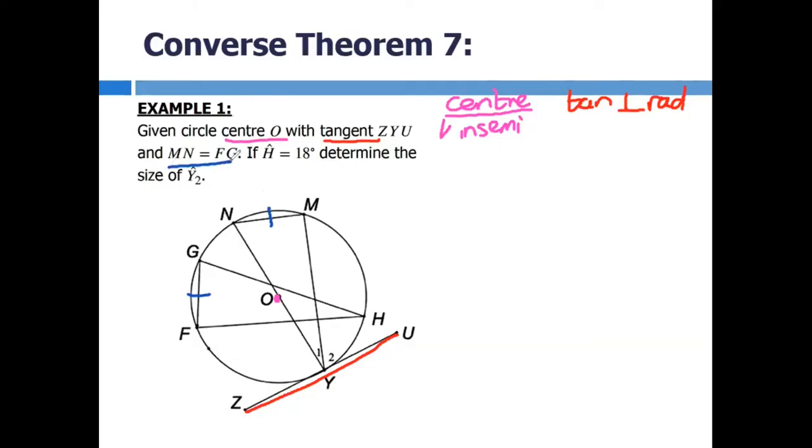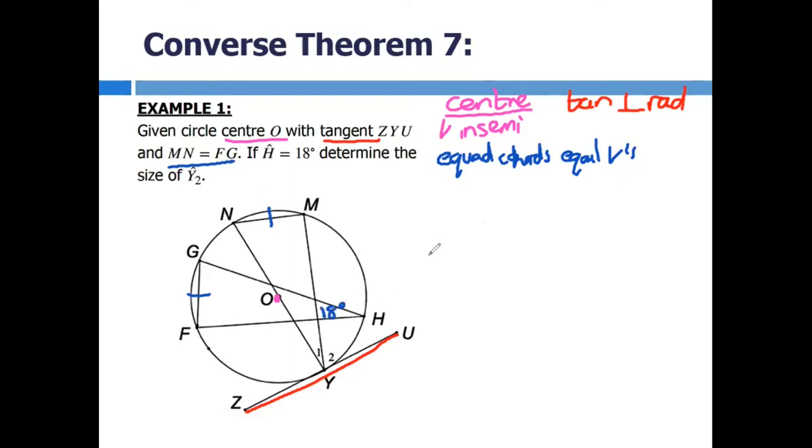So what's that telling me? The minute I know that I've got equal chords, remember, equal chords equal angles. Okay, so we've got equal chords, equal angles. And then lastly they say H is equal to 18 degrees. So I'm going to fill that in my diagram.